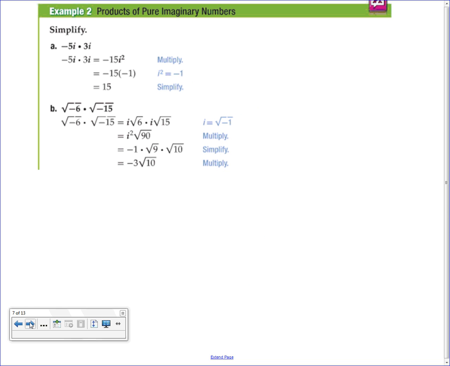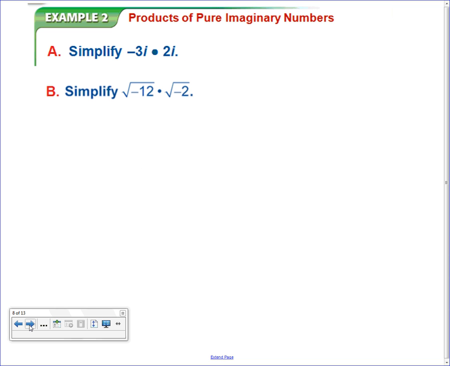So when we're simplifying these things, this is an example from the book with step-by-step directions. And here's my example for you. The first one, this is A. Okay, right there. We are going to simplify -3i times 2i. Separate out your numbers from your imaginary numbers.